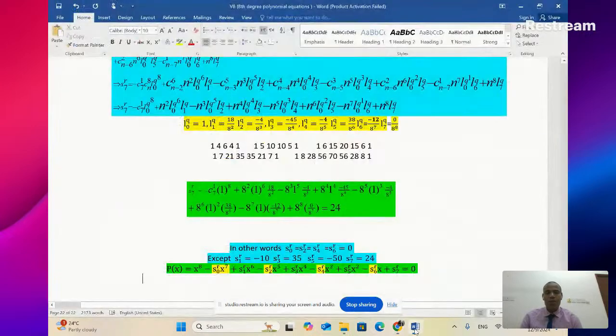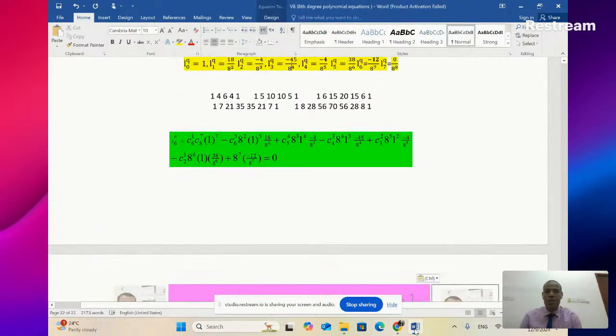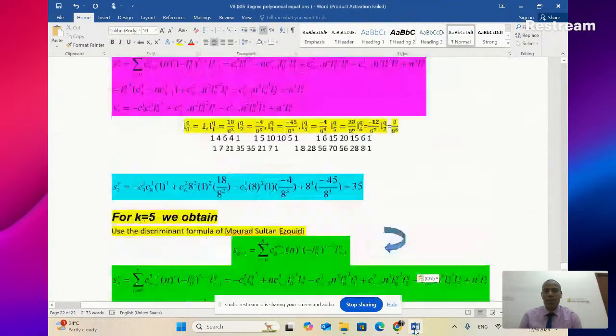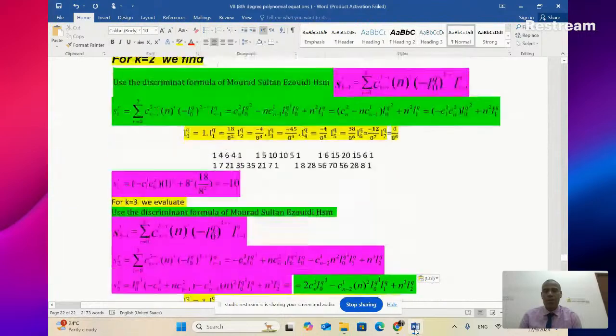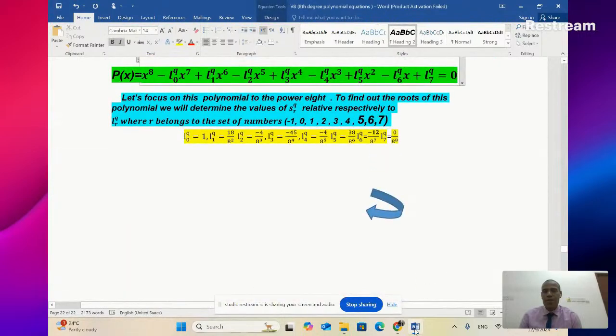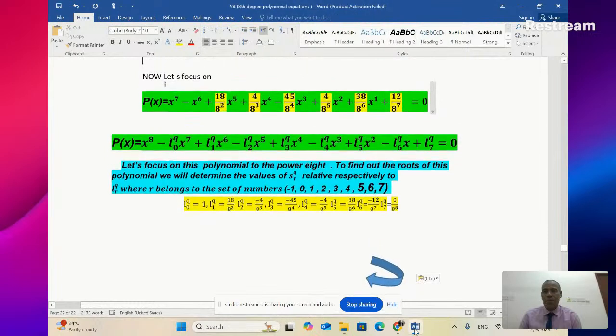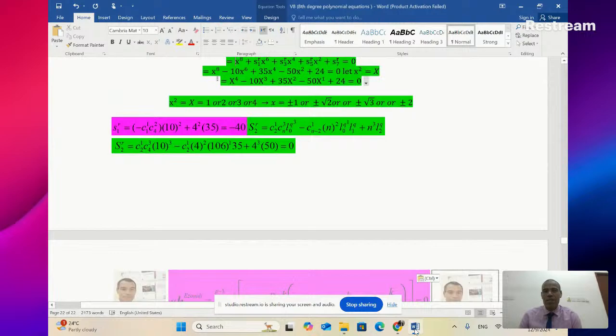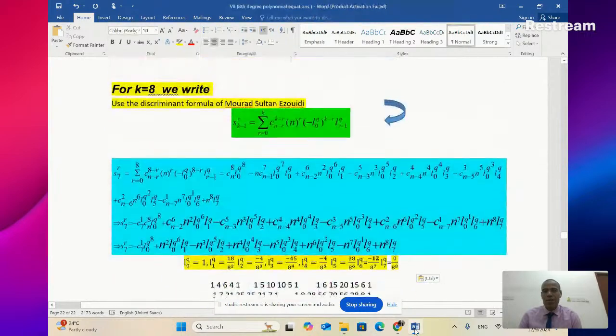Now we proceed. I'm now starting. This is our 7th-degree polynomial equation that we are going to solve. Let's focus on the method of Mr. Murad Sultan Zwidi and see how you can solve this polynomial to the power 7.